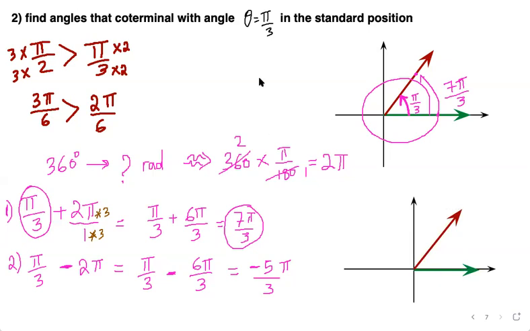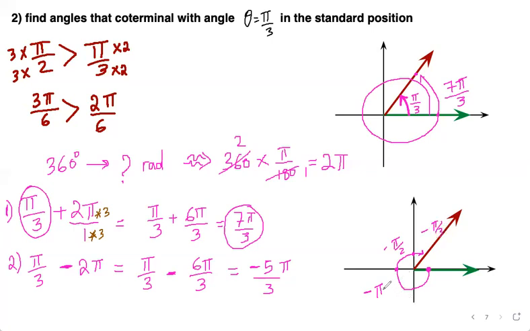Starting from the initial side at this point, rotate like this. From this point to this point is negative pi. From this point to this point is negative pi over 2. And from this point to the initial side is negative pi over 3.